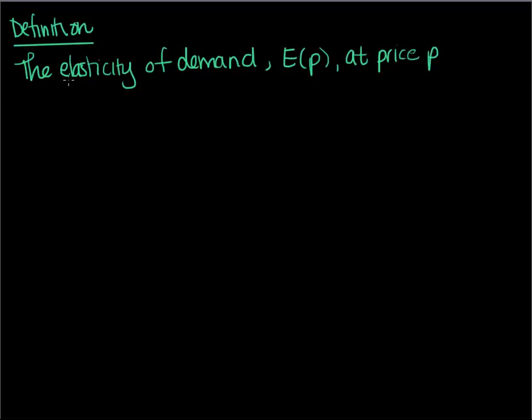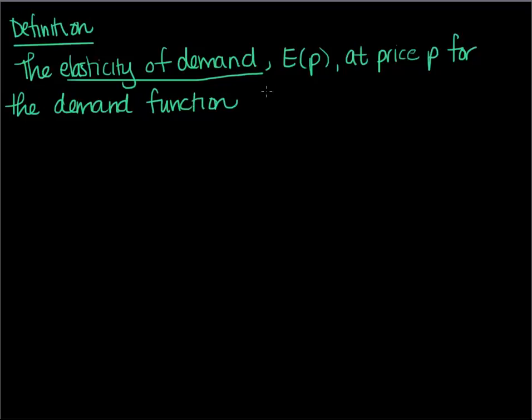We have to know, so this is what I'm defining, at price P for the demand function. So you also have to know the demand function. Okay, Q equals f of P. Right, my demand is a function of price, is defined to be, or is given by, that's how I like to say that.